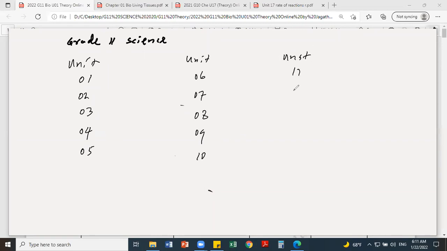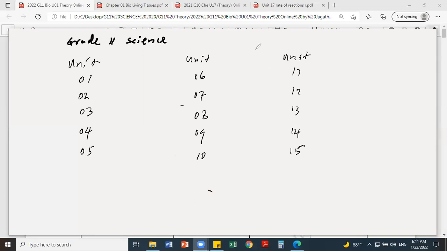If we take the units: 1, 2, 3, 4, 5, then units 6, 7, 8, 9, 10, then units 11, 12, 13, 14, 15, right?